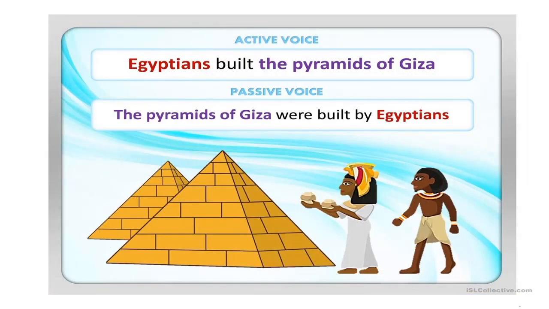Now look at the second example. The Egyptians built the pyramids of Giza. Egyptian the subject هي الفاعل. Built الفعل. لاحظ ان الفعل في الزمن الماضي. The pyramids of Giza. Okay, now the pyramids of Giza is the object of the verb and the object هي المفعول به.